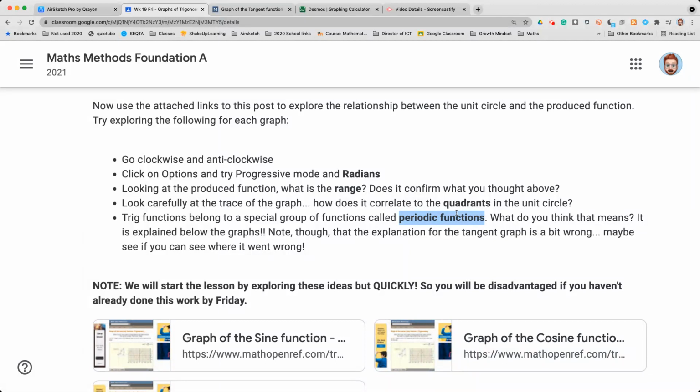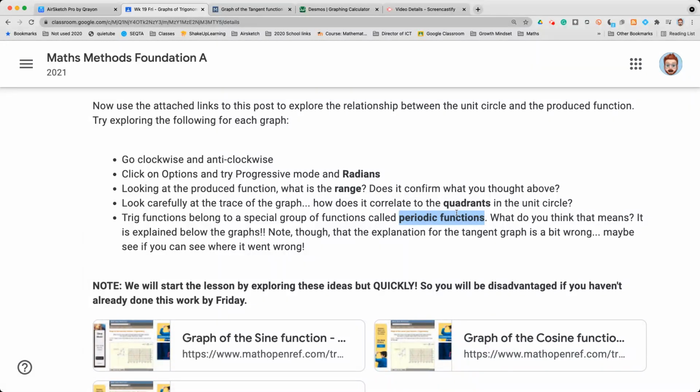What's the period of sine? 2 pi, or 360 degrees. The period of cosine is also 2 pi, or 360 degrees.